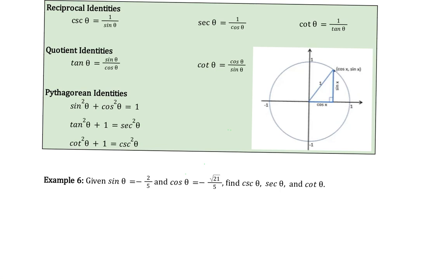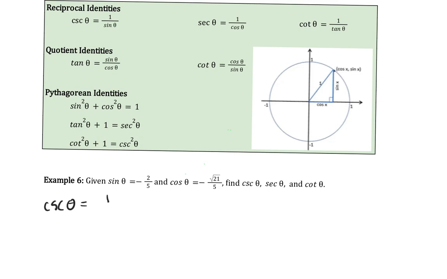And now we're going to go ahead and use those to solve this problem. Given sine theta is negative 2/5 and cosine theta is negative square root of 21 over 5, find cosecant theta, secant theta, and cotangent theta. Okay, first up, let's find our cosecant theta.